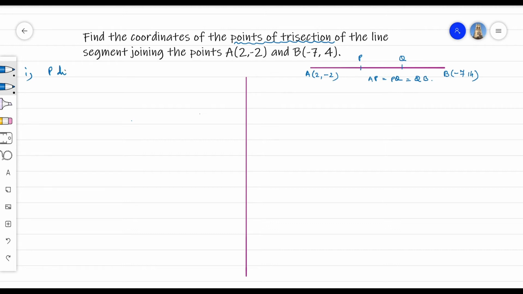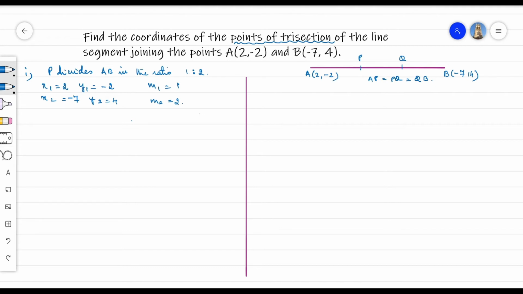P divides AB in the ratio 1:2. So, our x1 is equal to 2 and y1 is equal to minus 2. x2 is equal to minus 7, y2 is equal to 4 and m1 is equal to 1 and m2 is equal to 2.